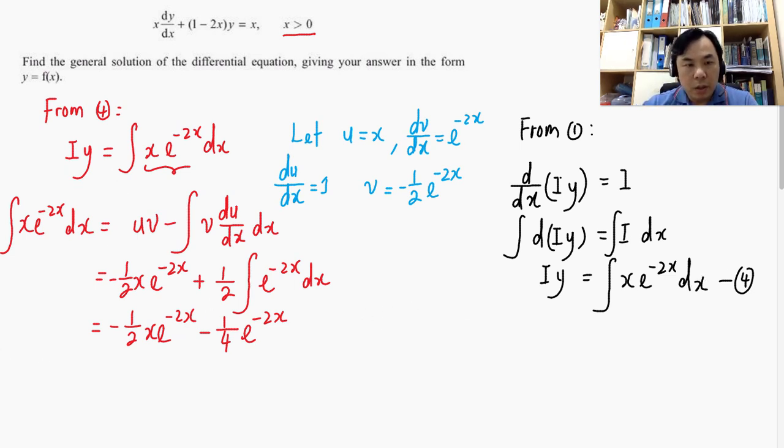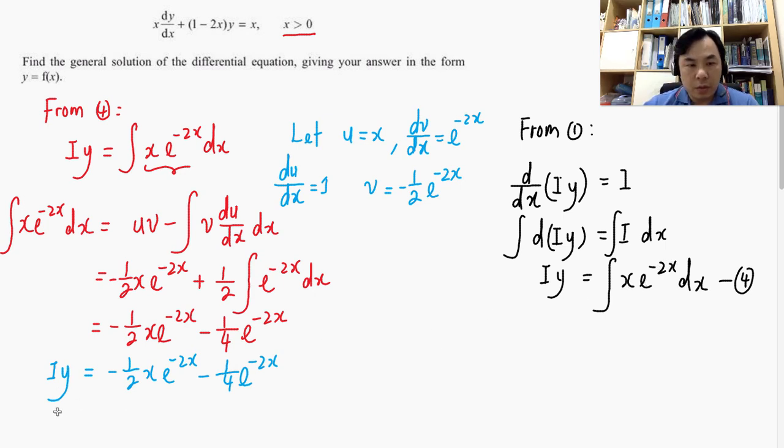Therefore, I can actually write down that Iy now is equal to negative half x e negative 2x minus 1 over 4 e negative 2x. Then again, we knew about our I. Okay, so our I is basically x e negative 2x.